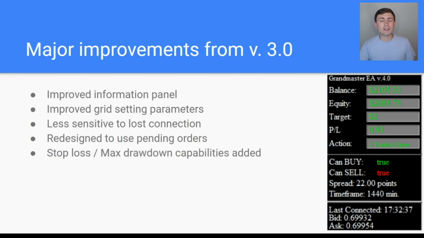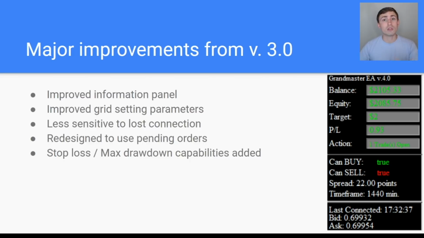It's less sensitive to lost connection because we have that last connected. You can see when you've last been connected with the bot, and because we're using pending orders now instead of the bot executing every single trade, it's a little bit less sensitive. Very simply, on the previous version, if you lost connection with your tool or your bot, you would have to restart the program in order to get it running.